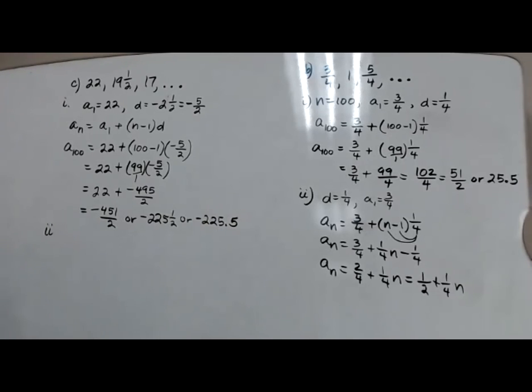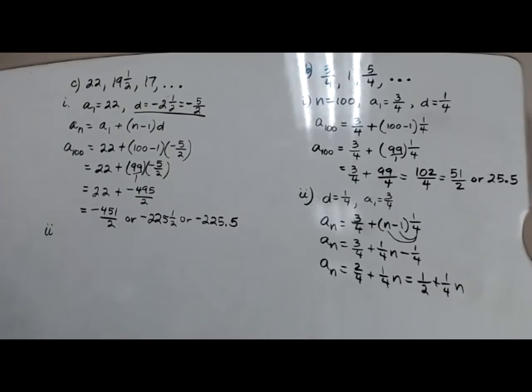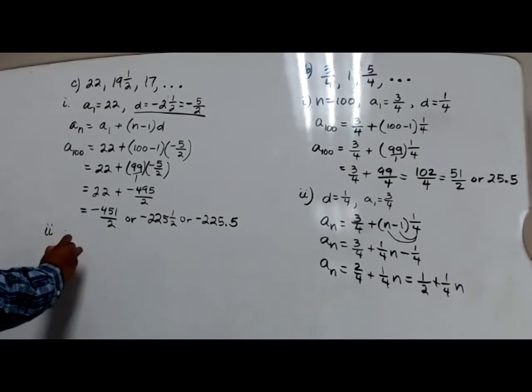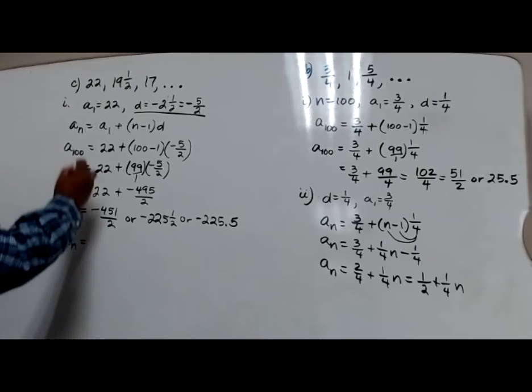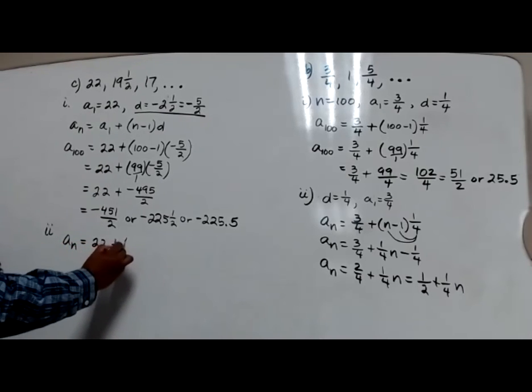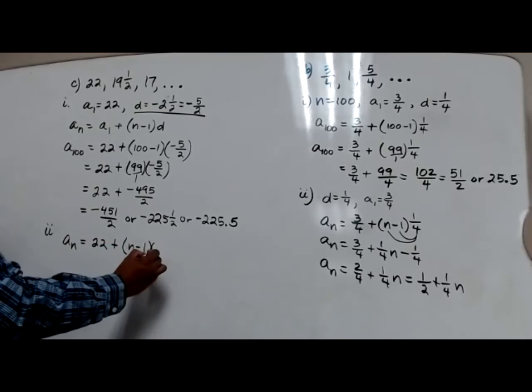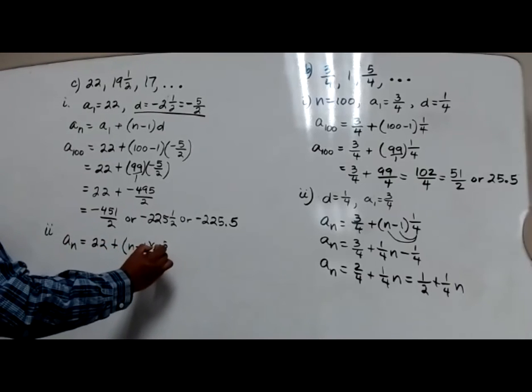Now we're going to find the nth term of this sequence here. Okay. Again, the common difference is that -5/2, and the first term is 22. So here a sub n would be equal to a sub 1, that's 22, plus n minus 1 times d, which was -5/2.